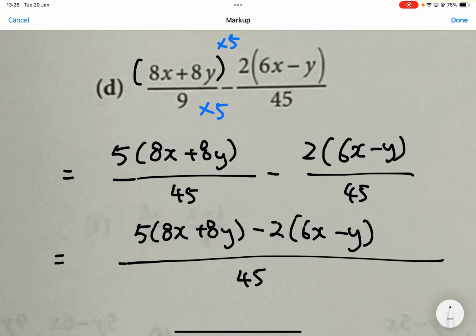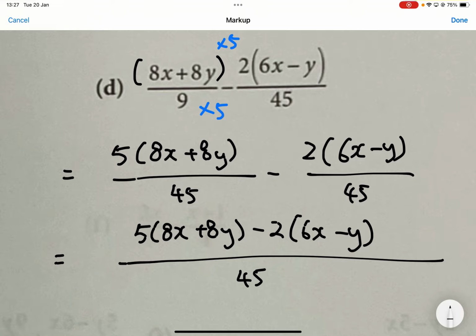Okay, if there's any step that you want to not write, then the second line you can skip. You can straight away put them together into one fraction because you already know your common denominator is 45. So if you really want to save a step, then you skip the second step. You don't need to write two separate fractions.